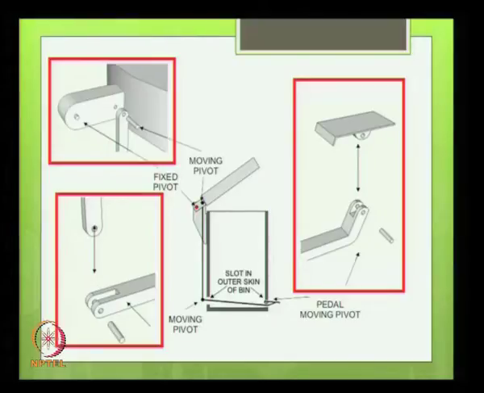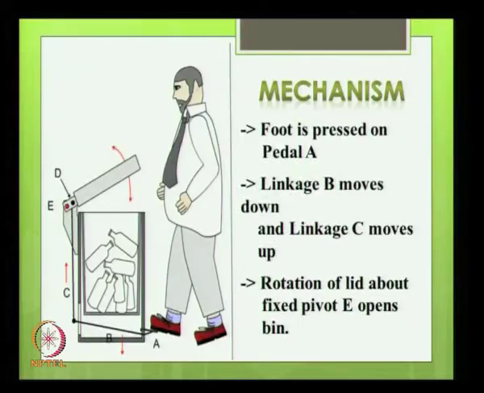In this diagram, the major pivots are represented. Coming to the mechanism, when the foot is pressed on pedal A, the linkage B orients upward, which causes the linkage C to move up.